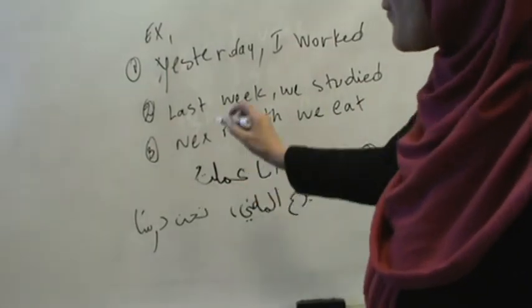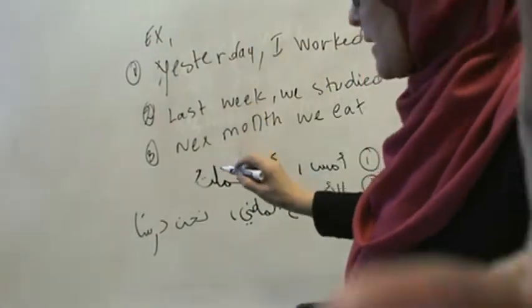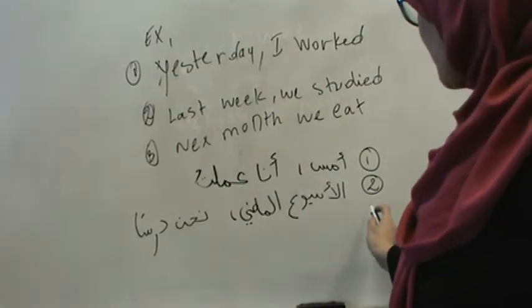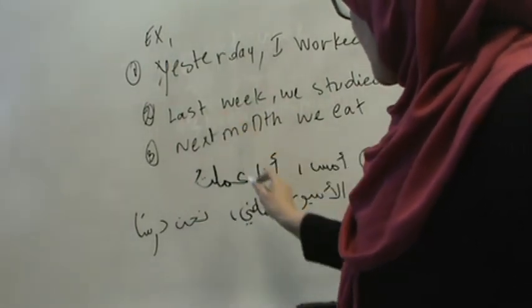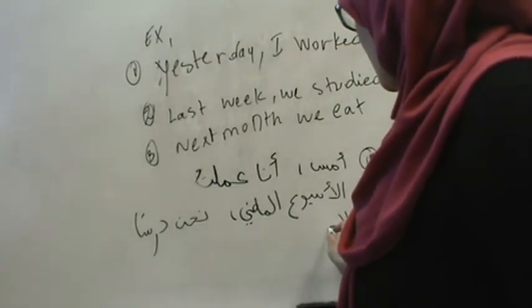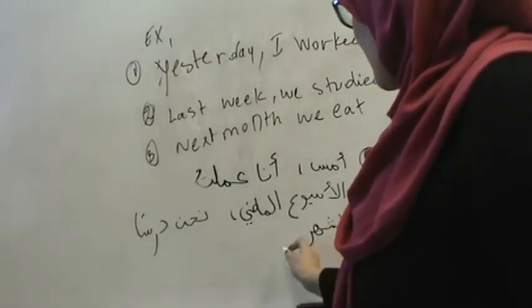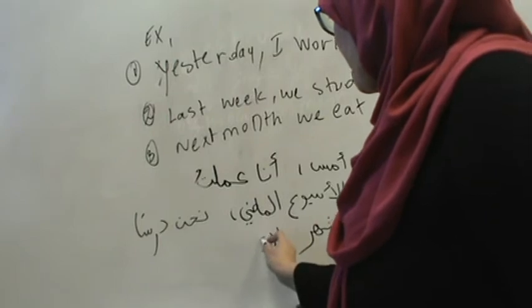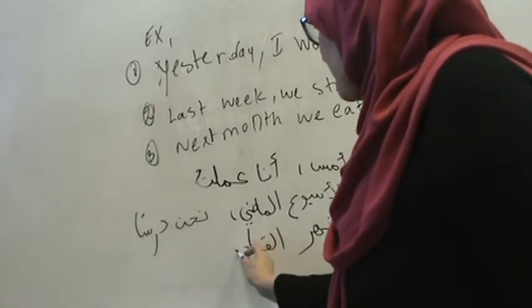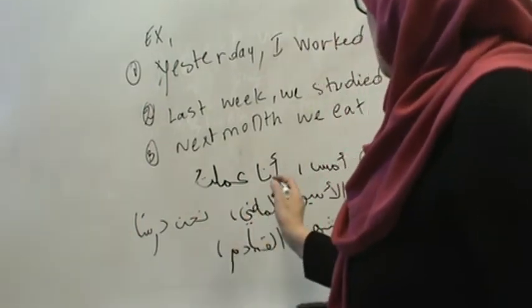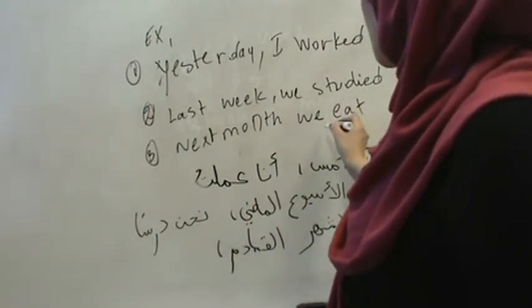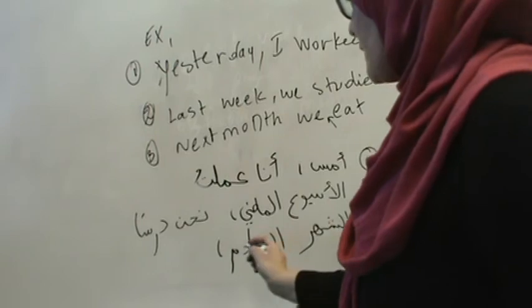And number 3, let's see if I can have room for this. الأسبوع. So next month, say الشهر القادم. So next month we eat. So in Arabic we are going to eat.